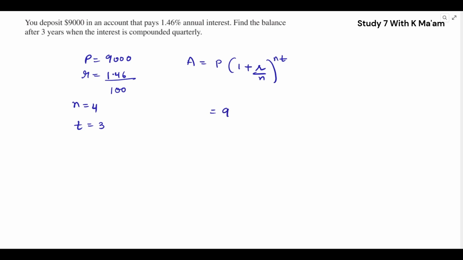Substitute 9,000, 1 plus 0.0146 over 4, to the power 4 into 3.